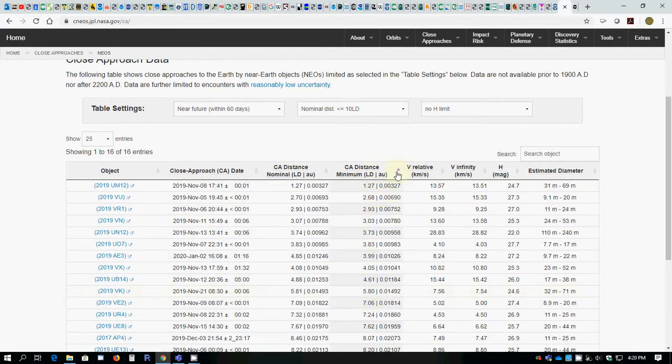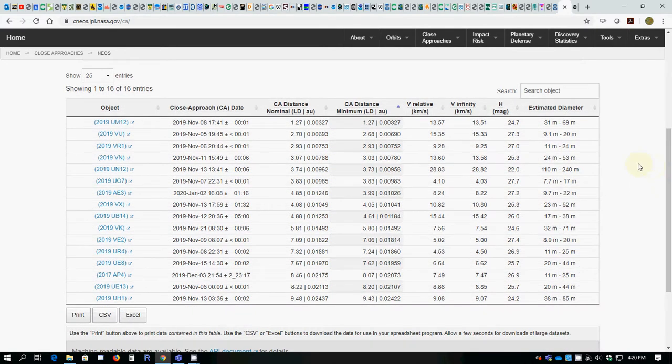I've clicked on the up or the down arrows, and I'll sort by the minimum distance. And the answer to the question I posed is yes: before the end of the year, November 8th, 3 days away, there will be an object that will pass within 1.27 times the distance from the Moon to the Earth.